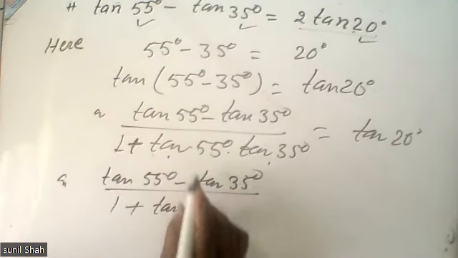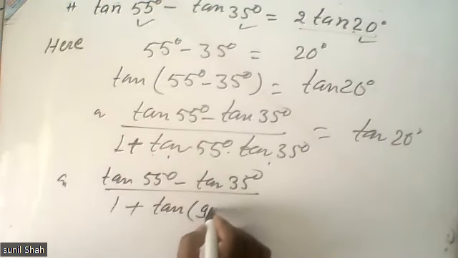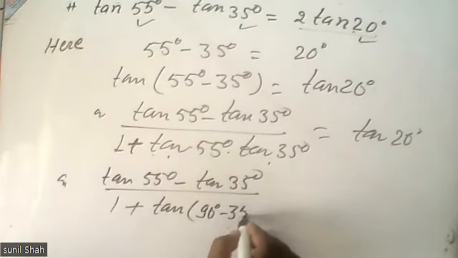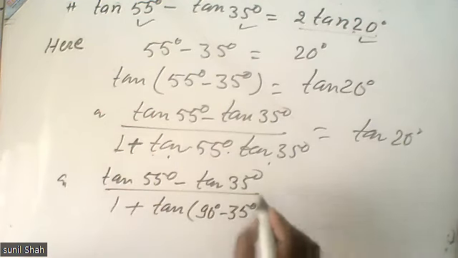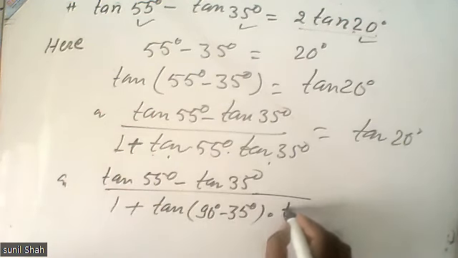Tan 55 is tan of 90 minus 35, and 90 minus 35 is 55, again into tan 35.